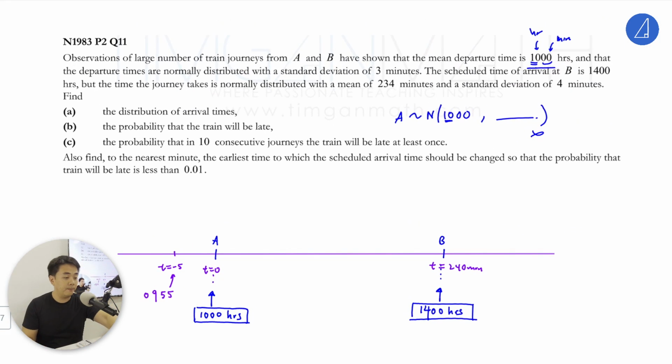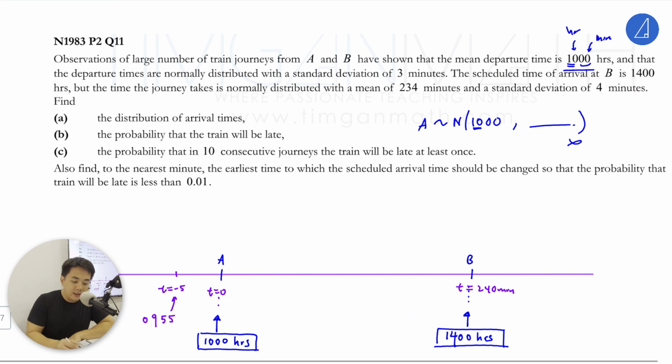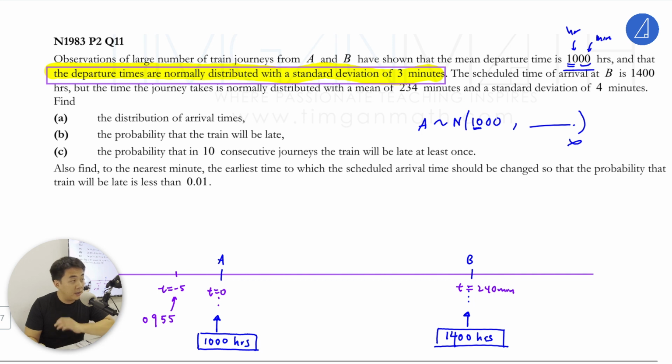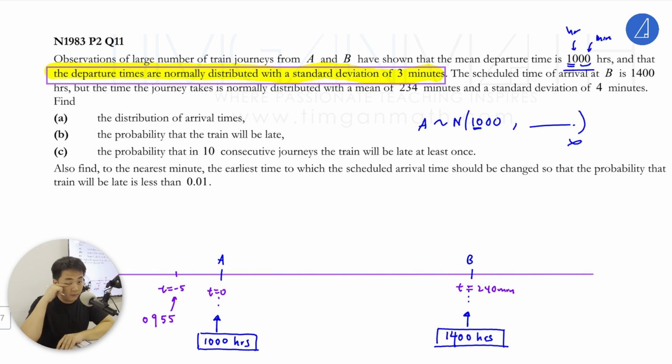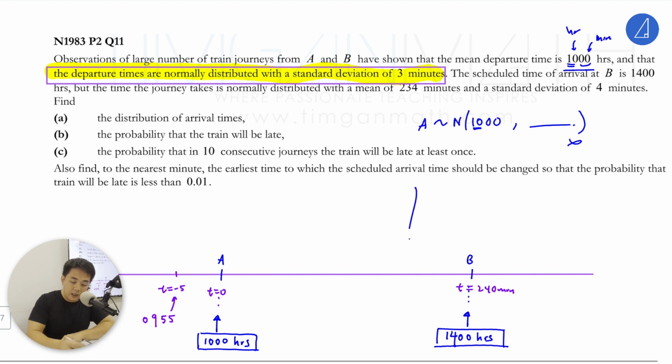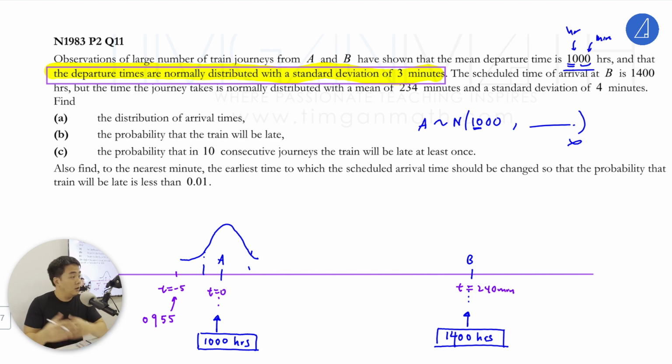Time is relative. Then the other thing is this: departure time has a normal distribution with a standard deviation of 3 minutes. What does this mean? It's a curveball. How come the departure time has 3 minutes there? The standard deviation is because this train can leave early or leave late. If all the passengers are there before 10 a.m., you can just leave early.